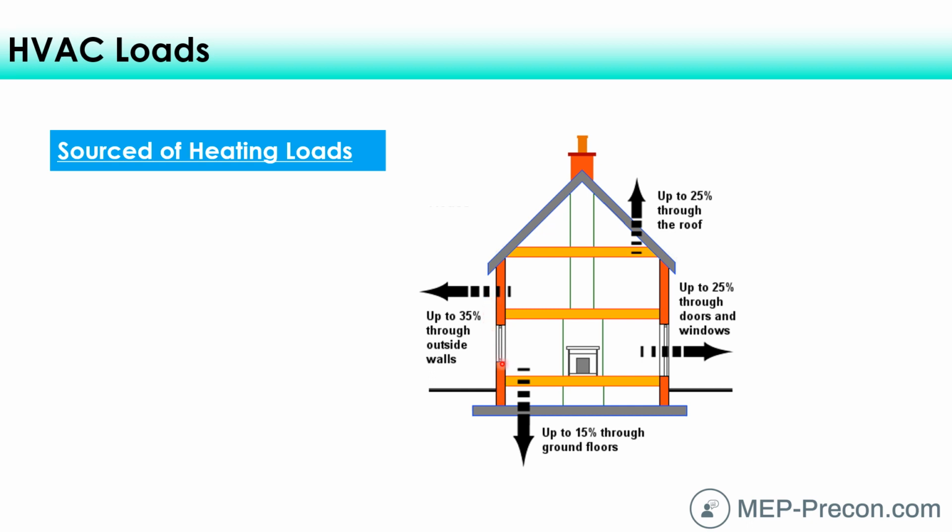So we want a good, well-insulated building to prevent that heat loss, but we're still going to have some no matter how well insulated it is. We calculate that heat loss and overcome it with heating equipment of some type. That would be the worst case, the coldest time of the year. That would determine our peak heating load, and that would determine the size of our heating equipment.